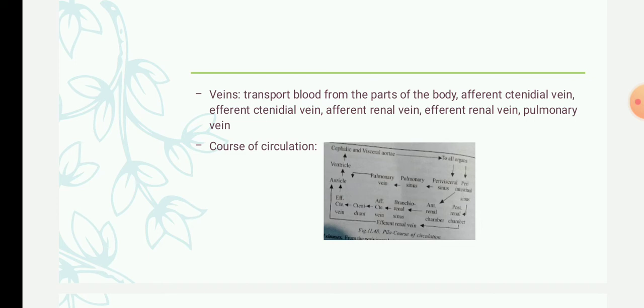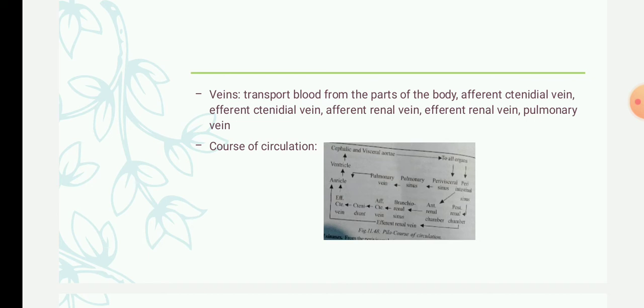The afferent tenadial vein transports blood from the perivisceral sinus to the tenadium. Then next is the efferent tenadial vein. It carries blood from the tenadium to the auricle. Tenadium is nothing but the gills.